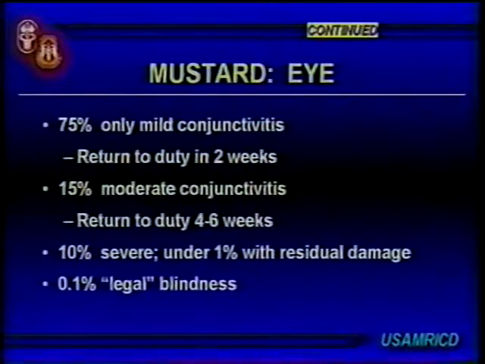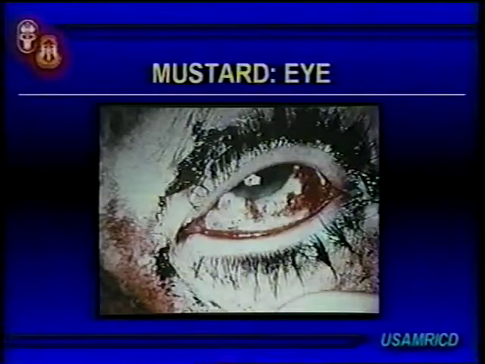The remaining 10% were severe with residual damage, and by today's standards, about 0.1% of those patients would have met the criteria for legal blindness. And this is a blow-up of a picture of a moderately severe mustard conjunctivitis, hemorrhage in the conjunctiva.